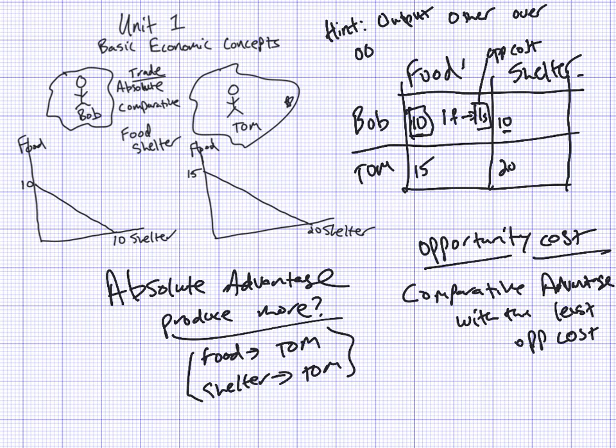So OOO is our little acronym right here. So 10 over 10, which is 1, but it'll be more clear when we look at this bottom example. So for 1 shelter, how much food does he have to give up? 1 food. So this 1 food is the opportunity cost. So now we know Bob's opportunity cost when he produces each one of the 2 goods.